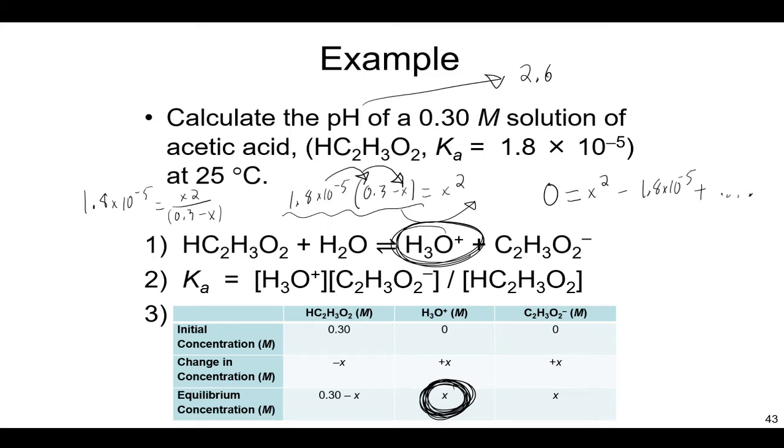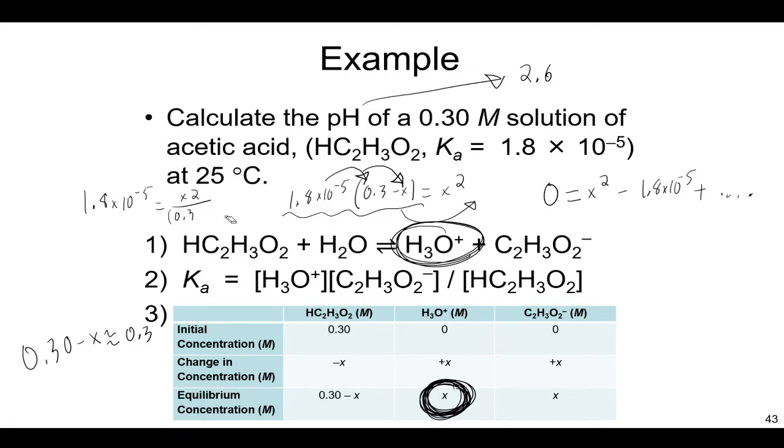And so what happens is you have a very tiny number here for X, such that 0.3 minus X is about equal to just 0.3. Because if X is really, really small, then 0.3 minus something really small is still basically 0.3. So an approximation you can use here is if X is really small, just drop it from the denominator.